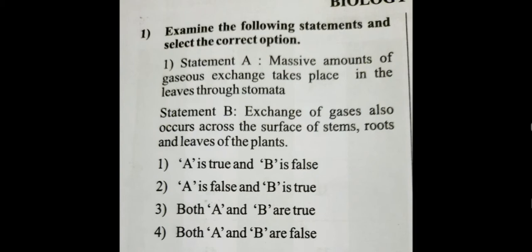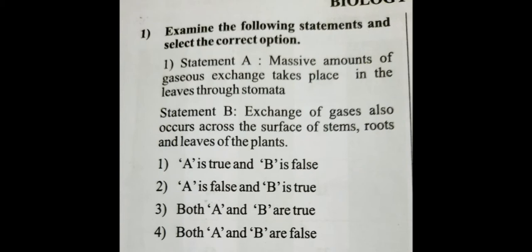Now, when you look at the statements, both the statements are correct. The massive amount of gaseous exchange takes place in leaves through the stomata. Obviously, this is the right statement. Exchange of gases also occurs across the surface of stems, roots, and leaves of the plants. Yes, these two are correct. But the difference is that much exchange of gases takes place through the stomata, which are present at the lower surface of the leaves.